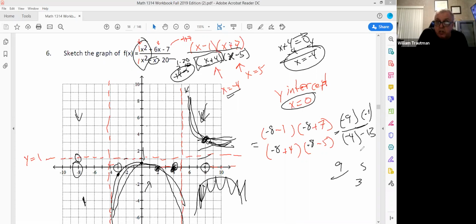So I get 9 over positive 52. 9 over positive 52 is very small. It's less than a half, so it'd be right here. So it looks like at -8, it's right there.